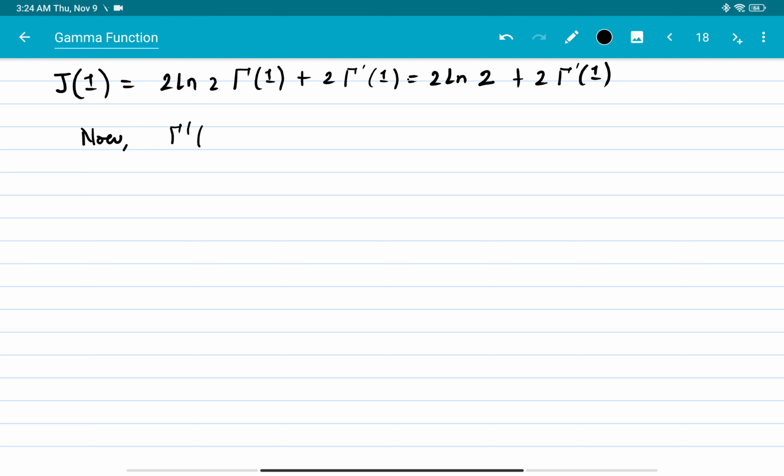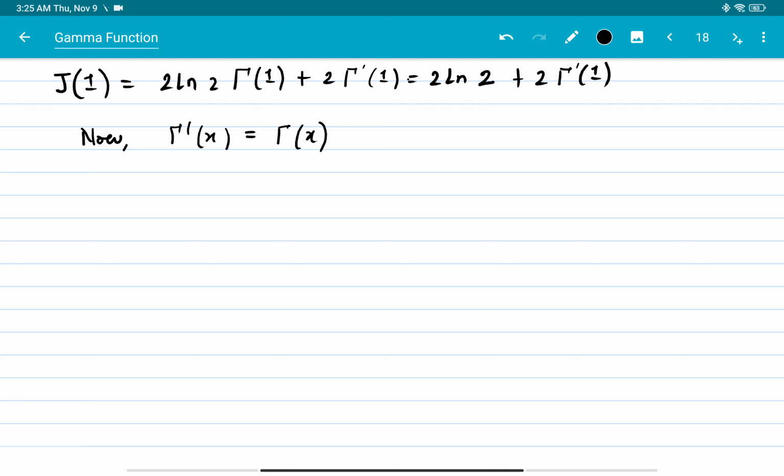So this gamma dash x is gamma of x. We can write these things.